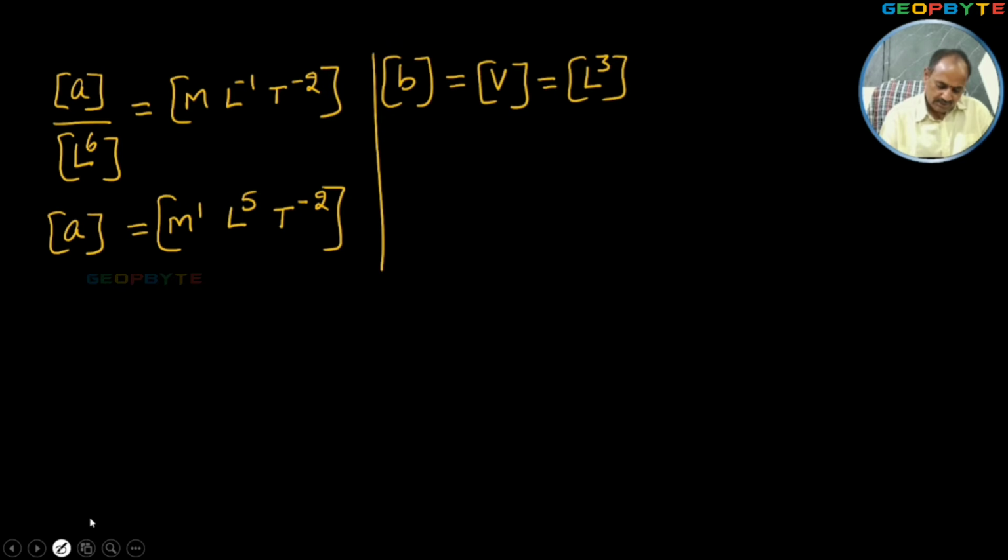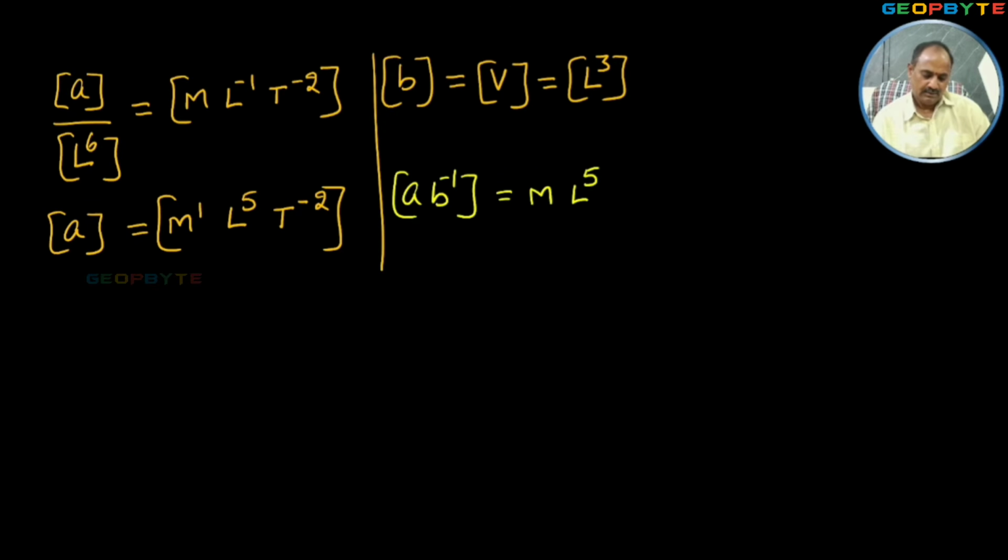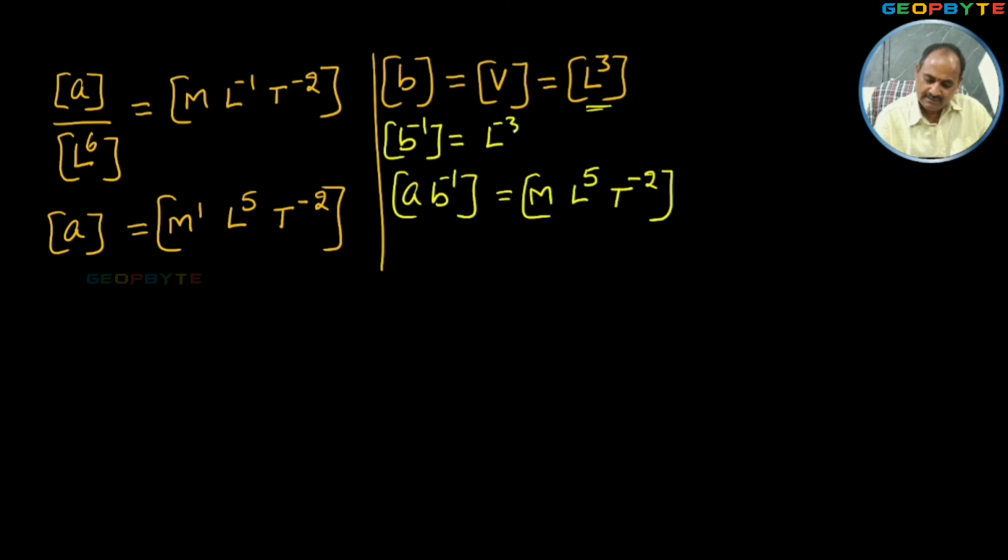Then you are asked to decide a b power minus 1. a is M L power 5 T power minus 2. b power minus 1 dimensional formula is L power minus 3.